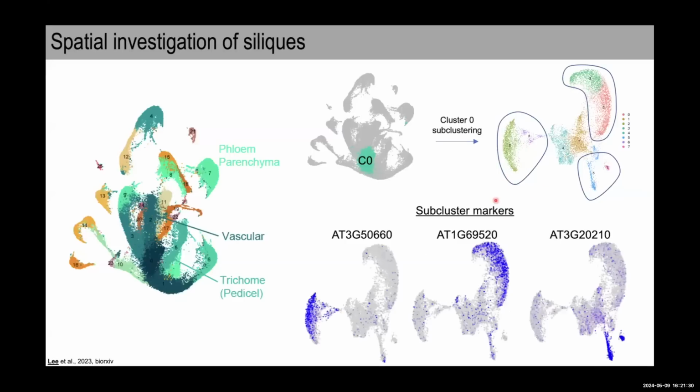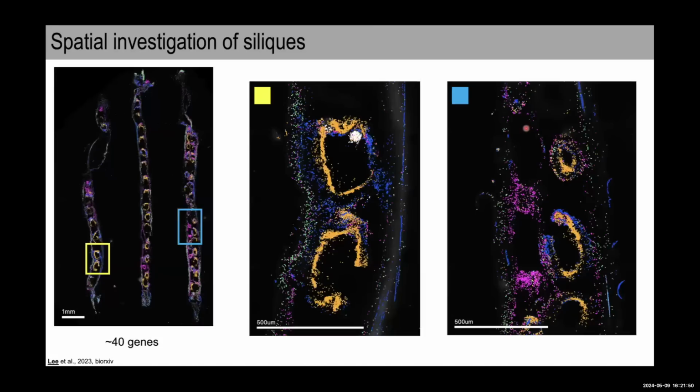And we can take these subcluster markers that correspond to these different regions of the subclustering, where there are some examples down here, where it's localized to this small region on the left, the bottom right, and the top. So we see quite a bit of specificity, and we want to see where these genes might lie in the actual tissue.